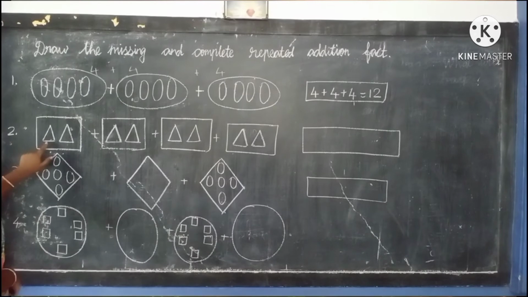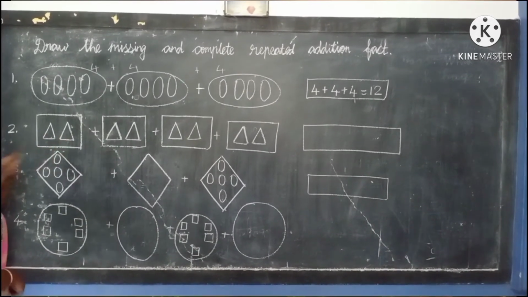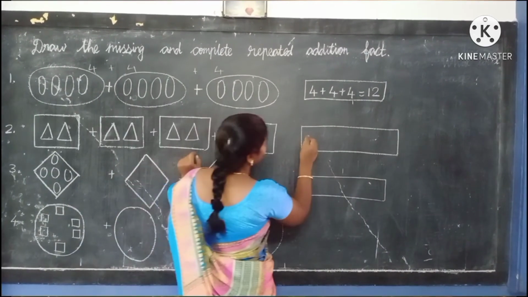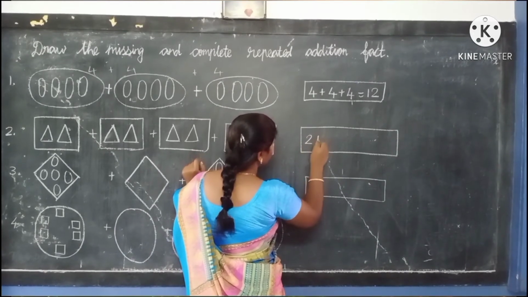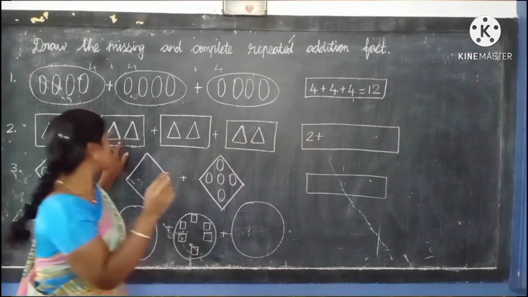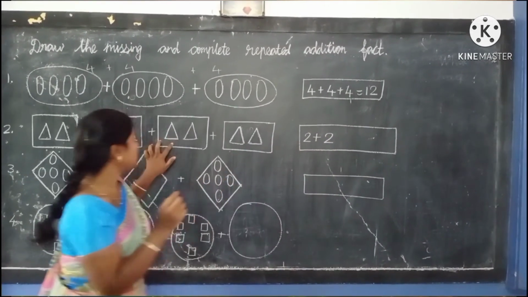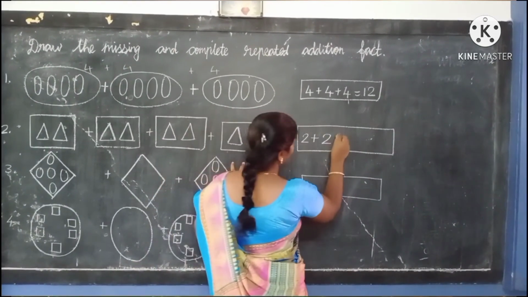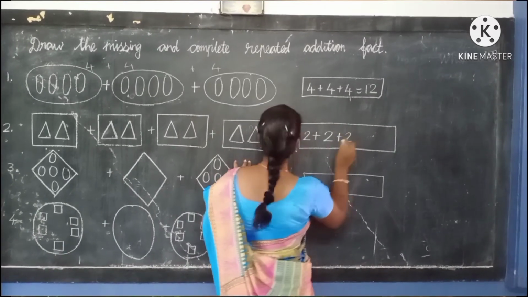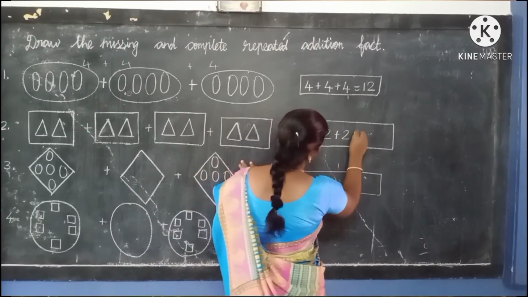Shall we count? 1, here 1. So 2. First we write 2. Next we put the addition symbol. Next here also 2 triangles. Third one here also 2 triangles. Fourth one has 2 triangles.